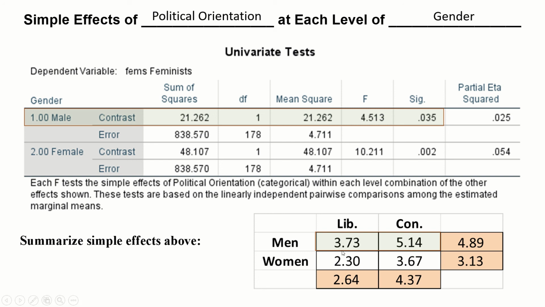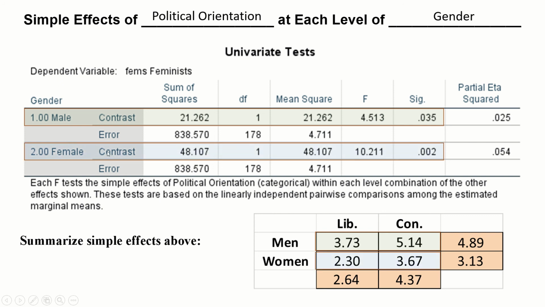That is, liberals and conservatives differ in anti-feminist prejudice for men. As we see, we're replicating the pattern that we saw with the main effect, such that conservative men are reporting significantly more anti-feminist prejudice compared to liberal men. So that difference we're finding overall between liberals and conservatives is replicating for men.